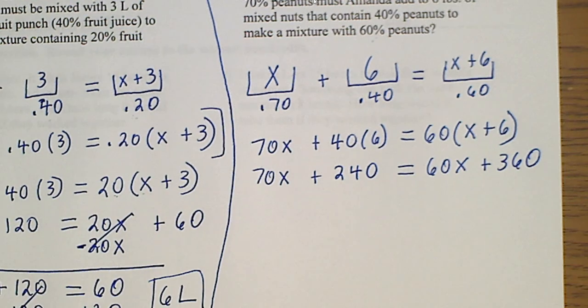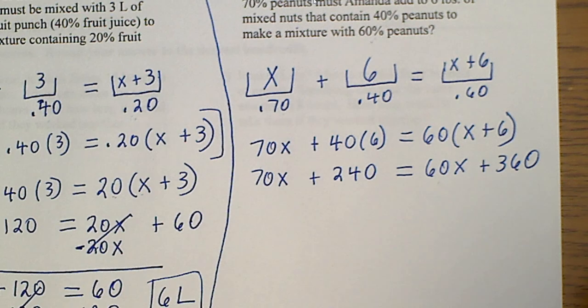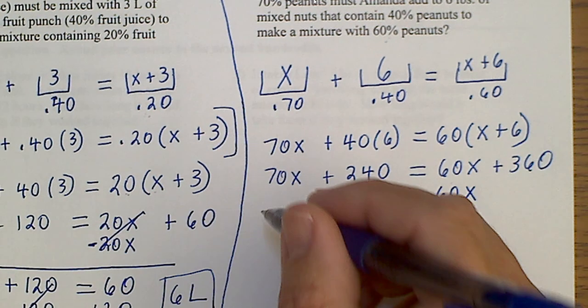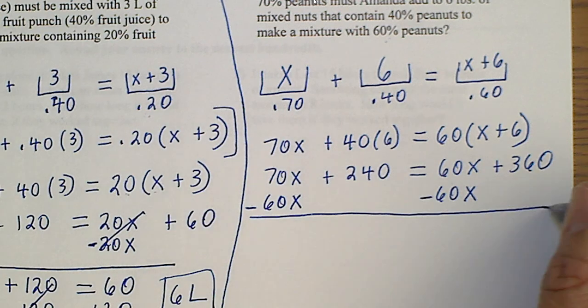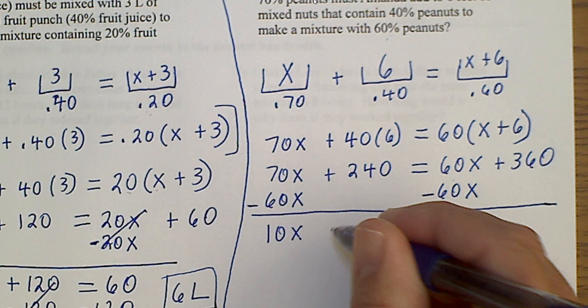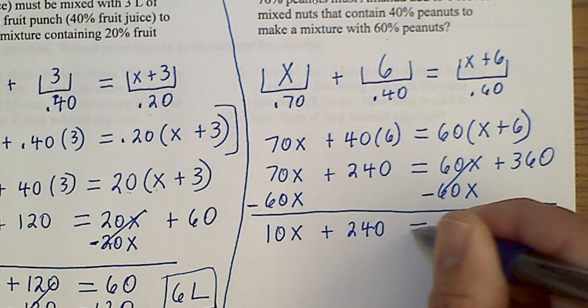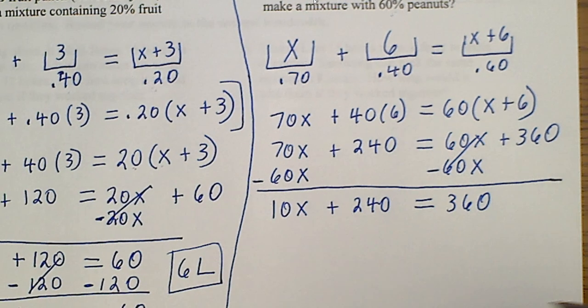Okay, and then once again, just like the last example, variables are on both sides of the equation. So again, I like to get the variables to the left, so I'm just going to do what I did on the last one. I'm going to subtract 60x. Then I go ahead and continue, do the rest of the algebra.